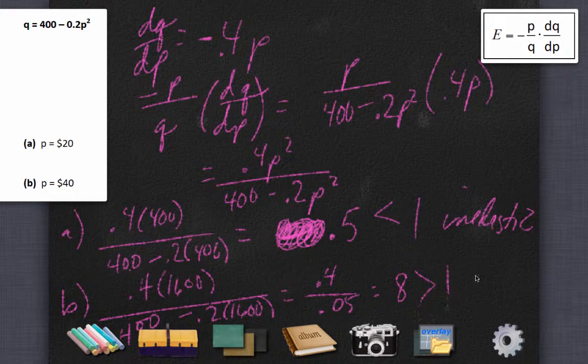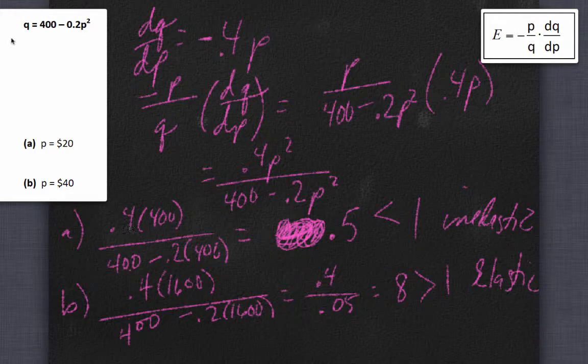Okay, so that's greater than 1. So that is elastic, which means as price increases, revenue decreases.